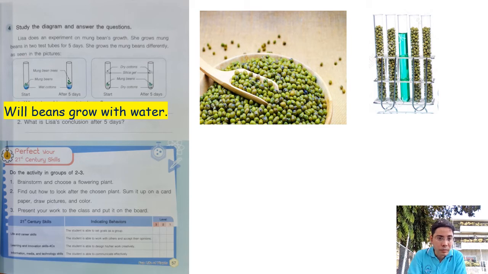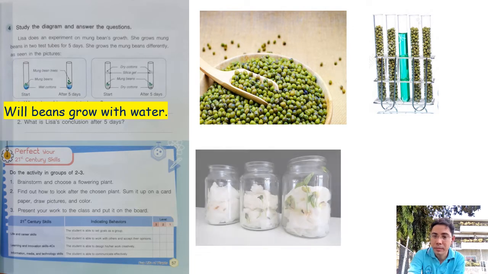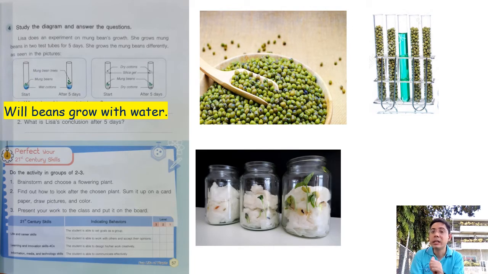Now, number 2. After putting the mung bean inside the test tube with wet cotton, let's see if it will grow. Yes, the mung bean will grow after 5 days or 1 week, or maybe 10 days.